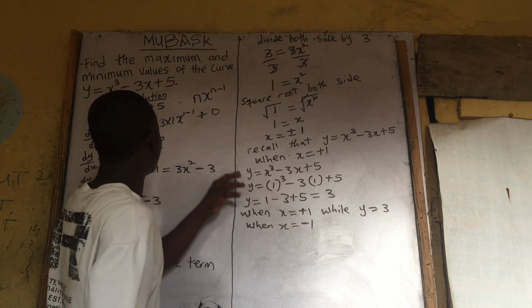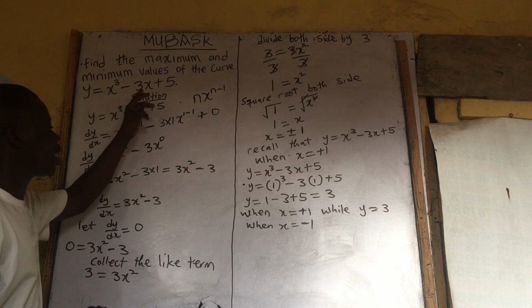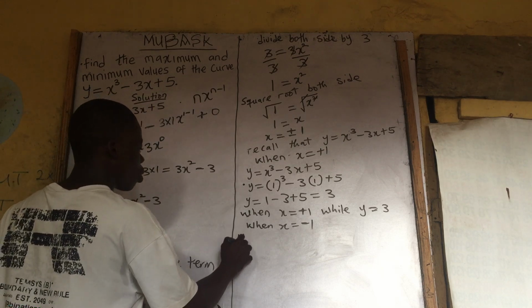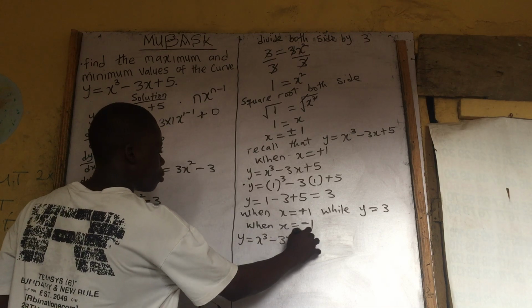Recall from the given value that y equals x cubed minus 3x plus 5.